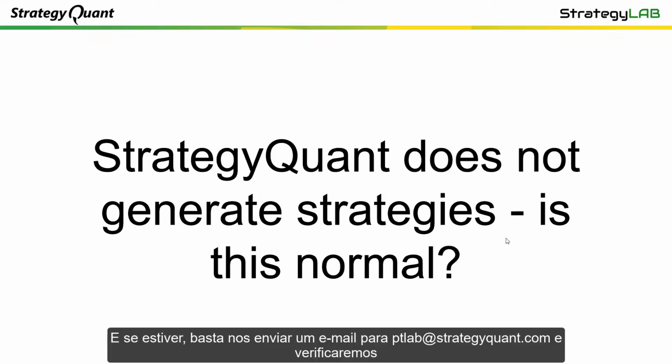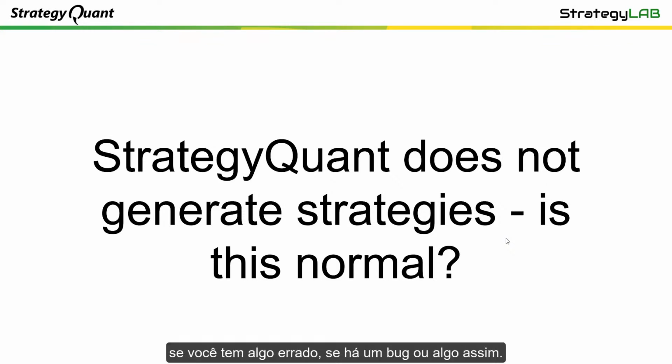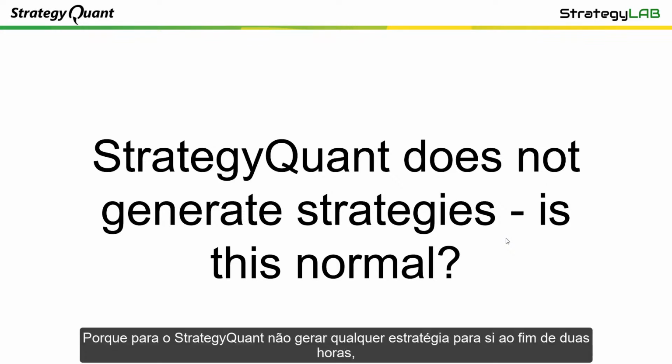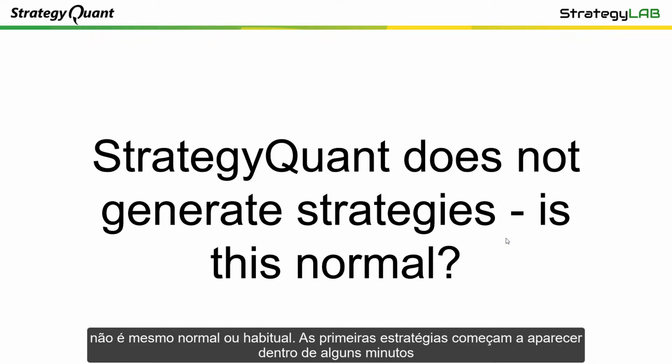And if it is, you can just send us an email at lab@strategicone.com and we will check it to see if you have anything wrong, if there is a bug or something. Because for Strategic One to not generate any strategy for you after like 2 hours is really not standard or usual.